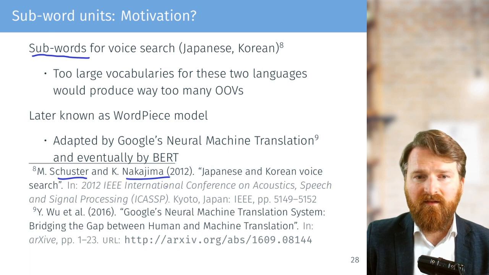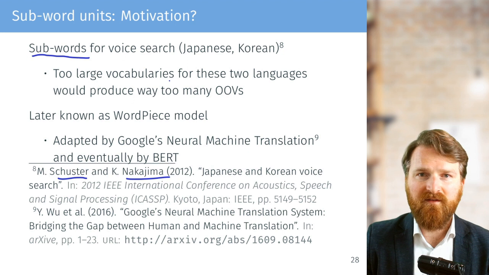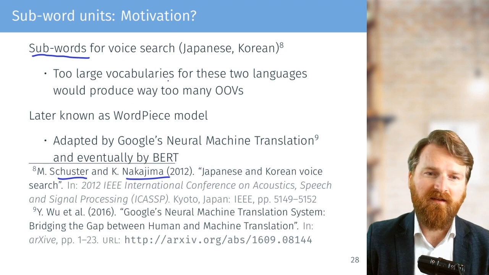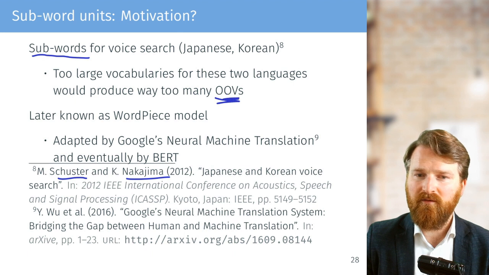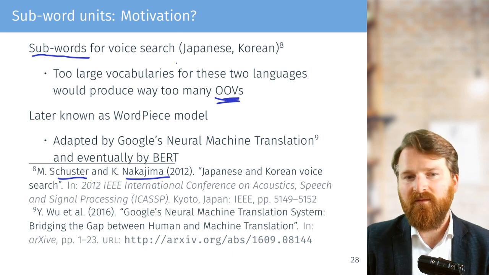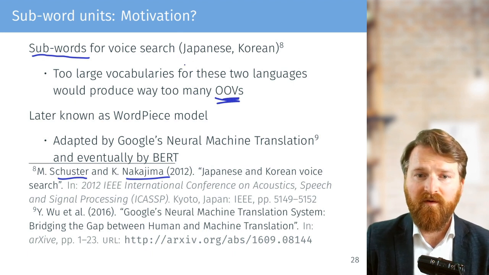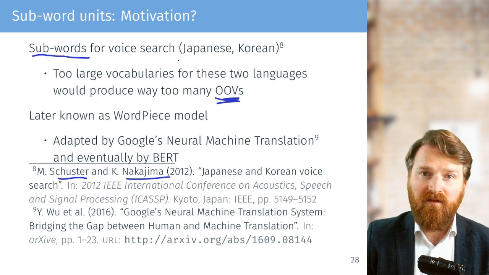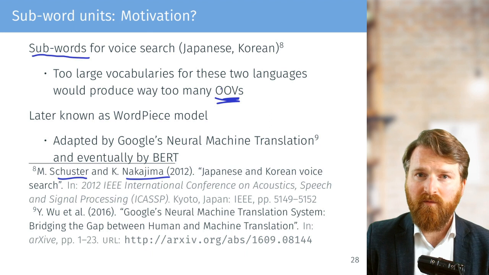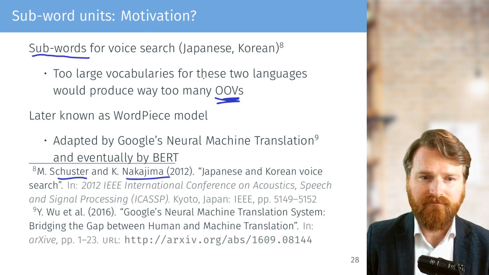And the issue they had with Japanese and Korean was that the vocabularies were just too large for these two languages, extremely large, and they would just produce so many out of vocabulary words. So search by voice would be basically impossible, or to reconstruct the full words, full vocabulary was not doable.